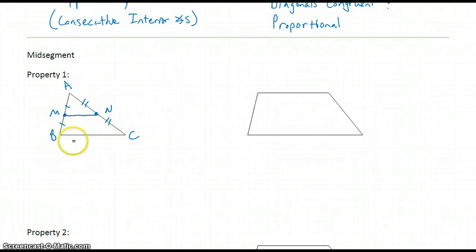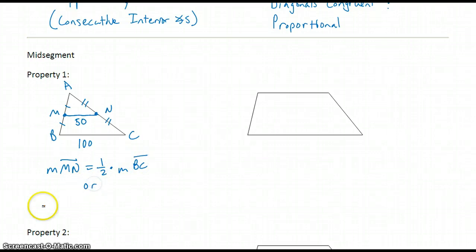And if we know that side BC is 100, side MN will be 50. So the measure of MN is equal to 1/2 the measure of segment BC. Or if we flip that around, the measure of BC is equal to twice the measure of segment MN.